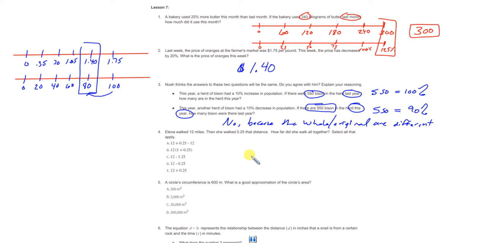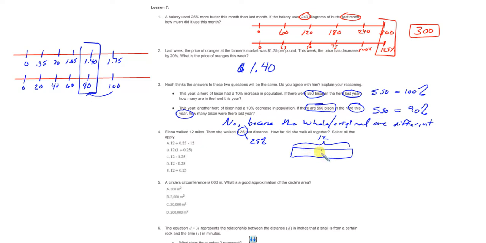Let's look at Elena here, walking 12 miles. Then she walks 0.25 of that distance. How far did she walk altogether? 0.25 is just a fancy way to say 25%. So if you wanted to imagine this, here she is with her 12-mile walk, right?